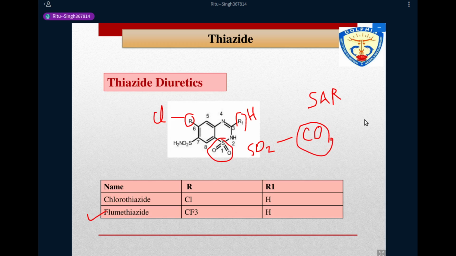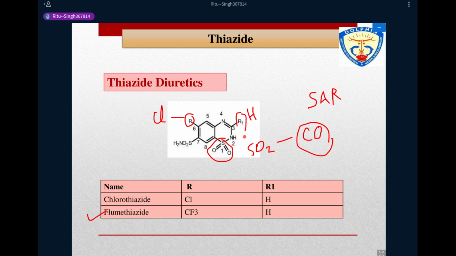Okay, the first point is clear to everyone. Now we discuss the second point of structural activity relationship, that is the second position. At the second position, a nitrogen group is attached.